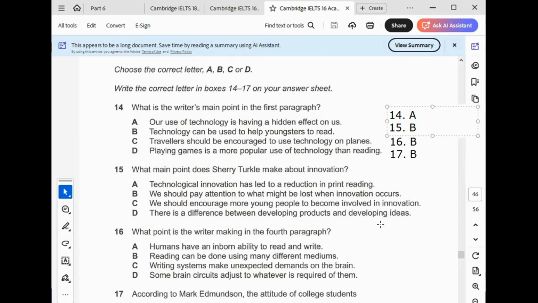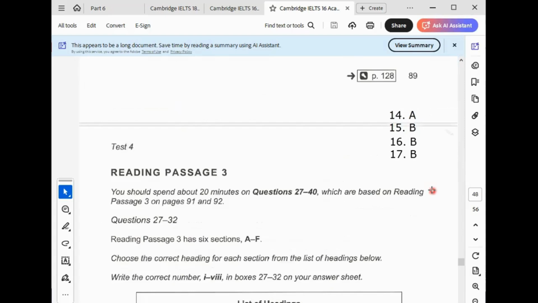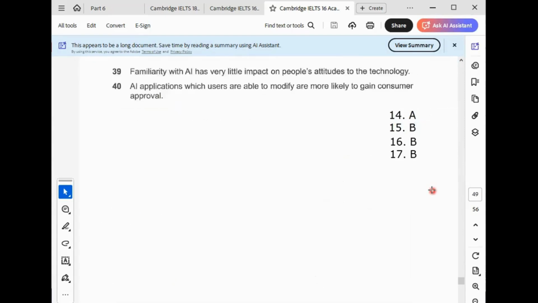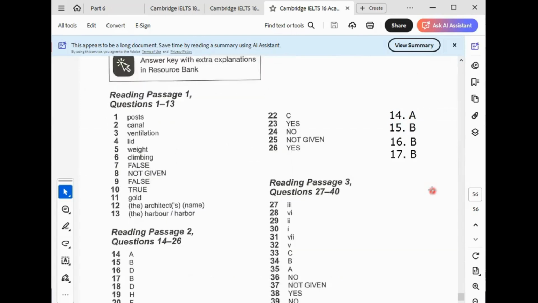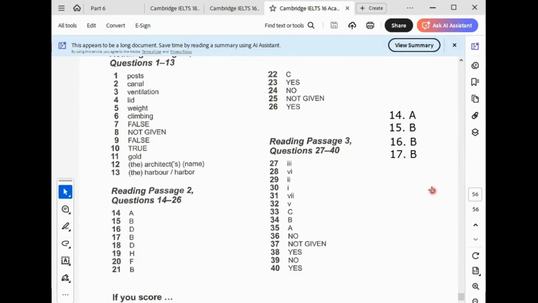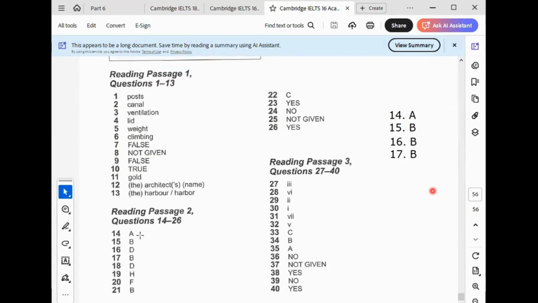Let's check the back of the book. This is test 4. Number 14 is A. Number 15 is B. Number 16 is D. Number 17 is B. So the only wrong one is number 16.